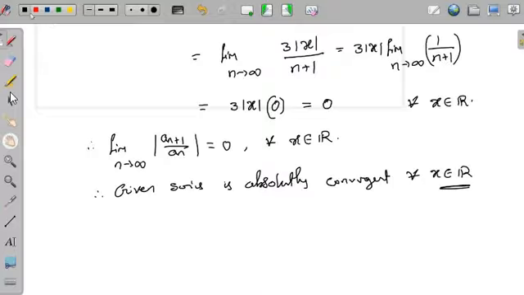It means what is the radius of convergence?